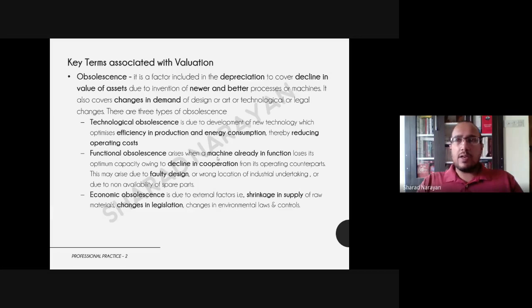So as a result of that, you go into economic obsolescence. That is a very simple example. When we are talking about economic obsolescence itself, we start thinking in terms of industry. We talk in terms of commercial establishments, all of those places which are dependent very acutely on supply of raw materials, supply of finished goods, and so on and so forth.